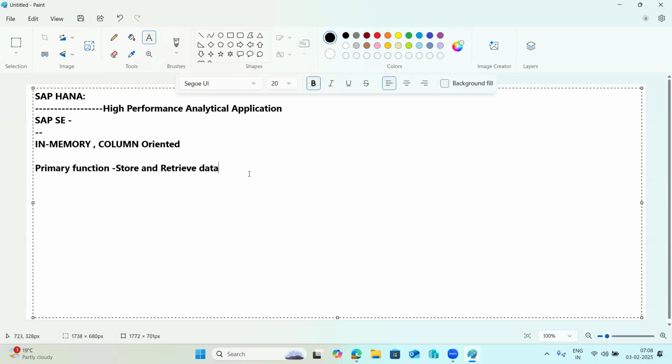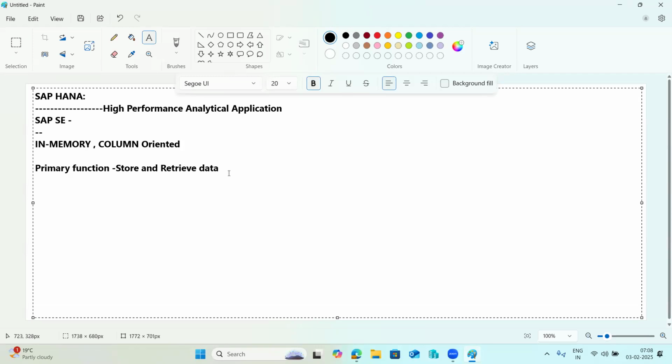The application here is the SAP application. Whatever you do at the SAP level, it will store the data at the database level. That's why SAP depends on the database level. Retrieving the data means sometimes we need some data, some statistical reports, so it will retrieve the data from the database level.